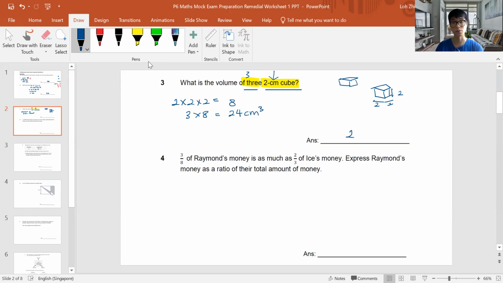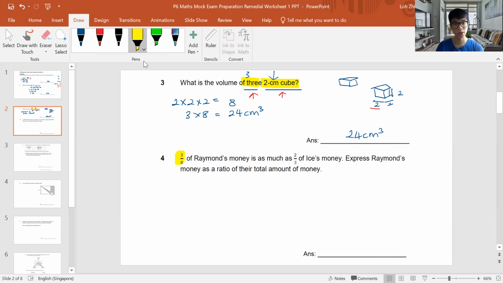And that is the answer, 24 cm cube. I believe this is easy for you, but just take note that when they say 2 cm cube, we should times 3. Okay, let's move on to the next question.